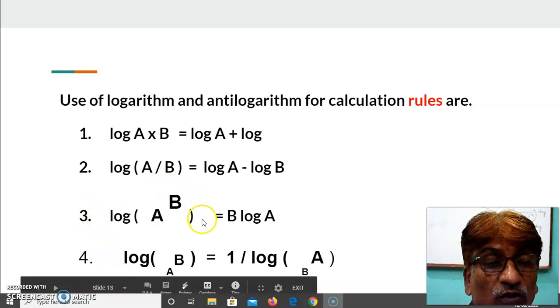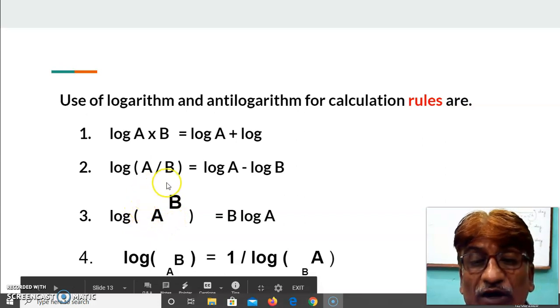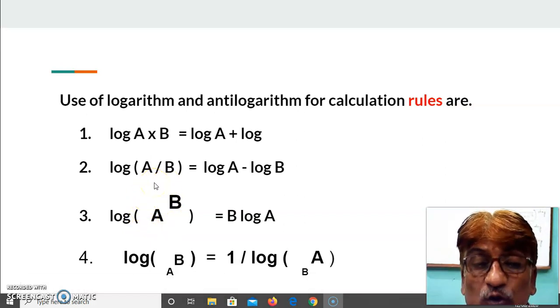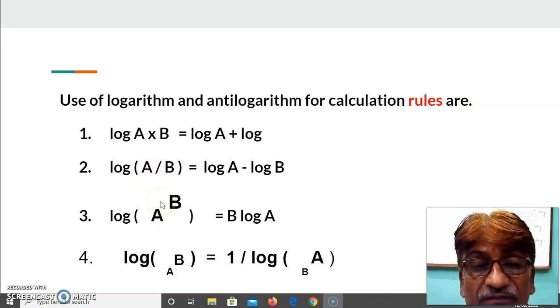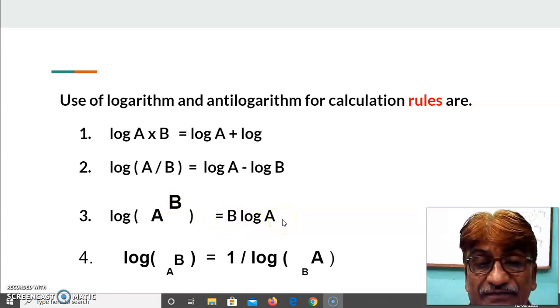The third rule is the log of a number and its power. Log of x power 2, similarly log of A power B is equal to B times log A.